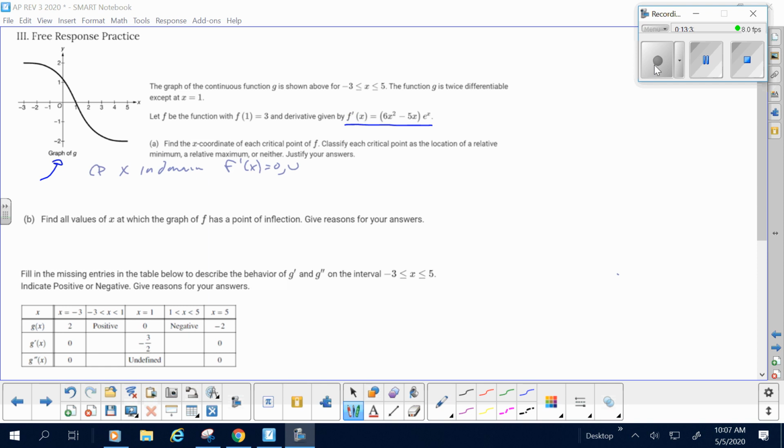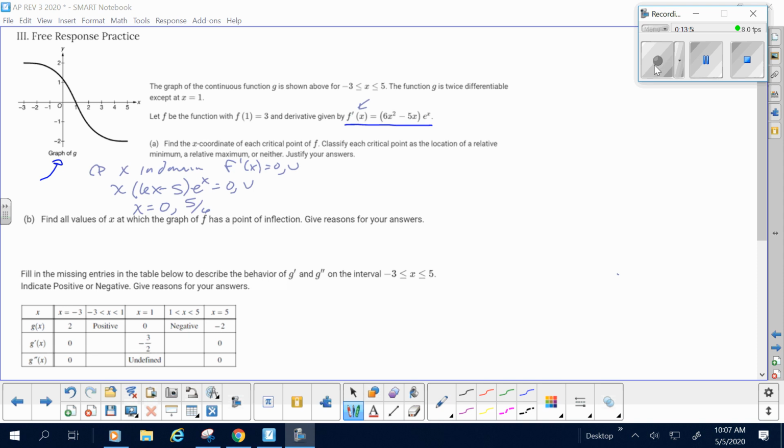The derivative, if I factor it, is, remember, this is already a derivative, so I don't need to take a derivative again. So if I take an x out, I have x times (6x minus 5) times e to the x equals 0 or undefined. So the critical numbers are 0 and 5/6. E to the x cannot be 0, so that yields no critical numbers.